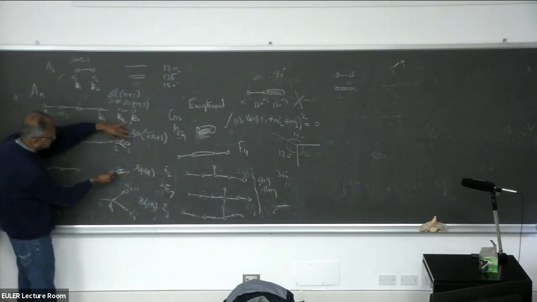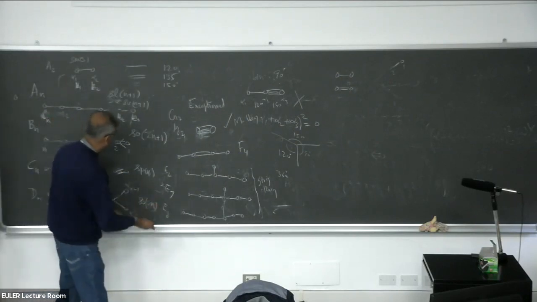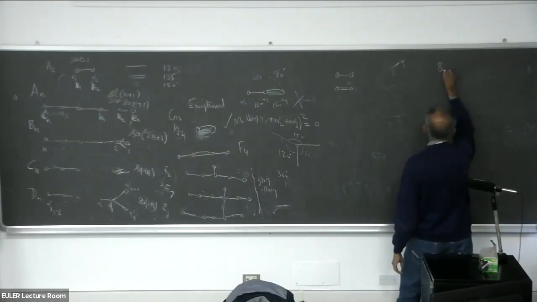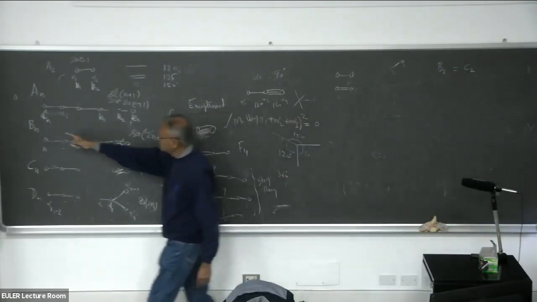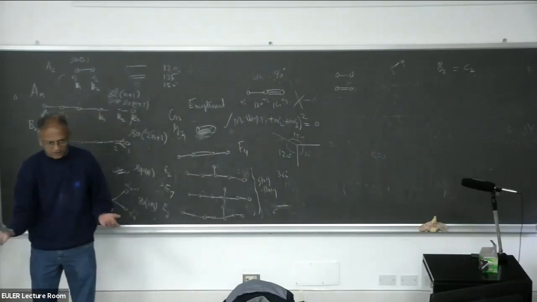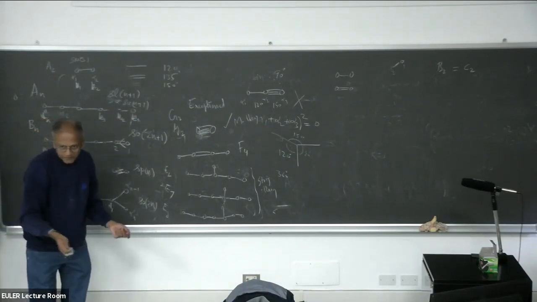Then what's the difference between these 2? If you relabel the 2 roots, this diagram is the same diagram there. So B2 is the same as C2. There's no distinction; you just exchange the 2 roots. That's all, it's just the labeling of the roots, nothing more.